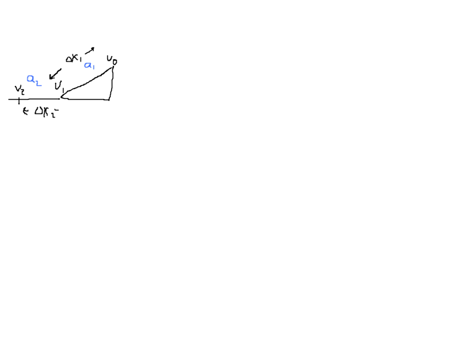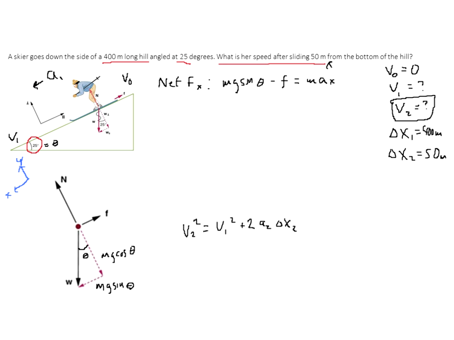That's going to be A2. So this is our target. This is the initial speed at the bottom of the hill.